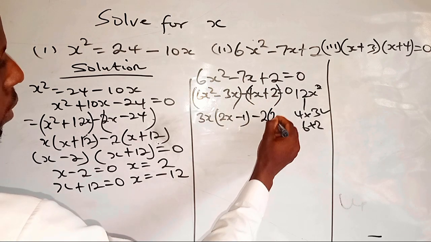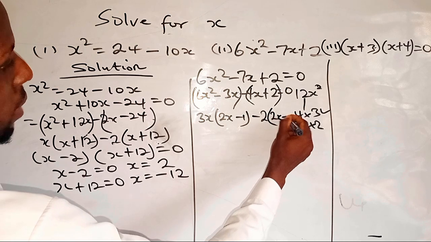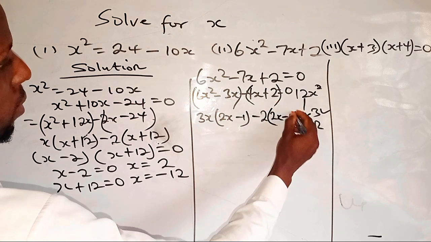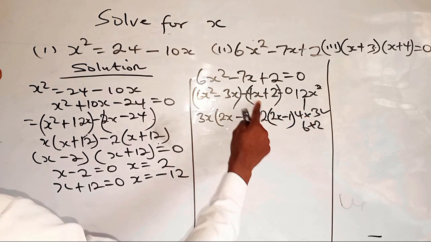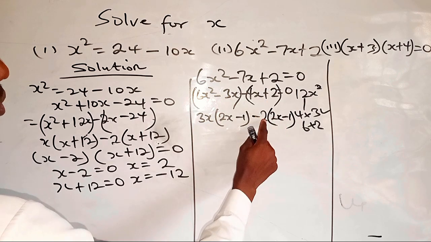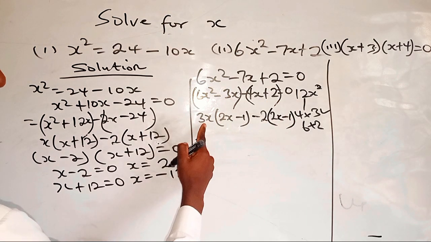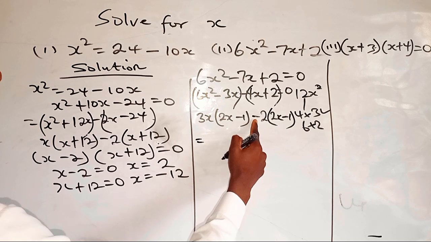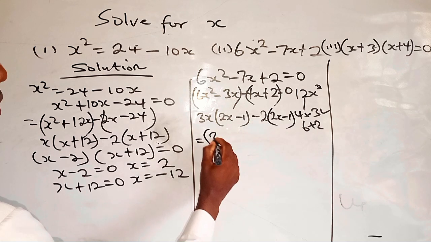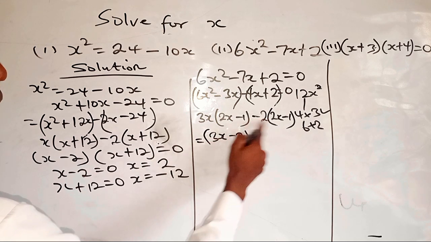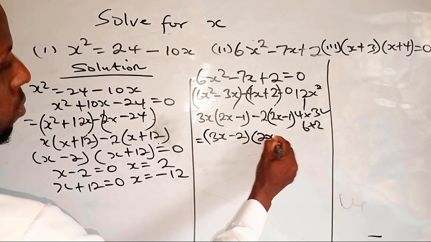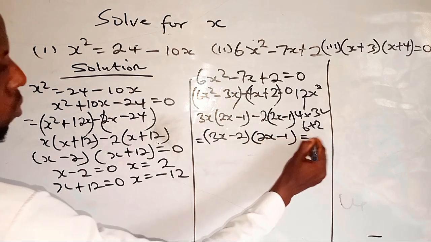So I have 2 into 2x minus 1. 2 times 2x is 4x, minus times minus is plus, 2 times 1 is 2. Then I pair what I'm having here with this, along with the sign. So I have 3x minus 2, 2x minus 1, everything equals 0.